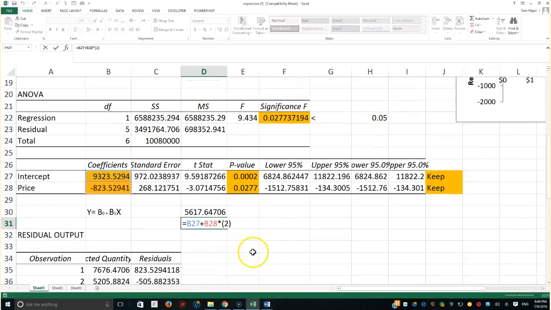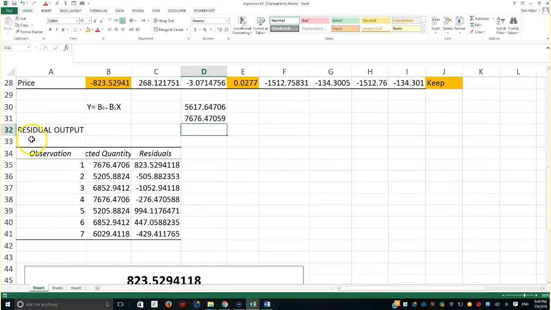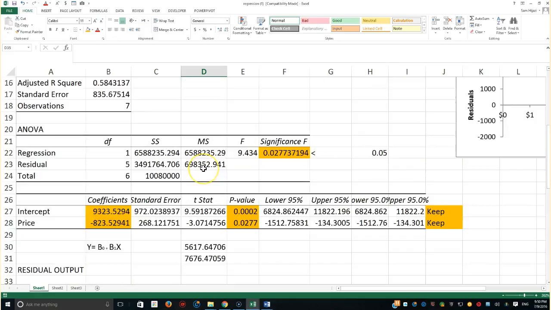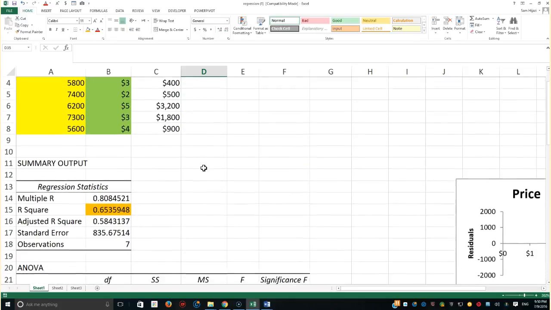How do we understand this even better? Let's look at the residual output. I have problems pronouncing this word. So this is basically when we have the price at 1, what we have in the observation, and let me see where we have the observation.